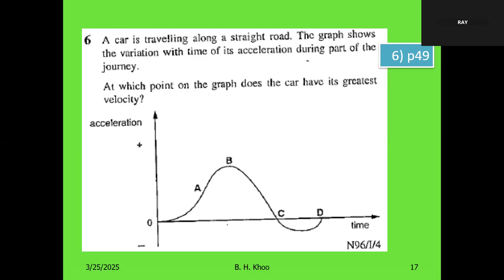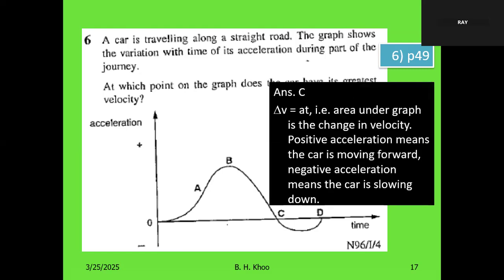I want to say B, but I think it's wrong. Then what's the answer? I think it's C, because it's accelerating from A, B, C, accelerating with magnitude getting smaller. After C is decelerating.